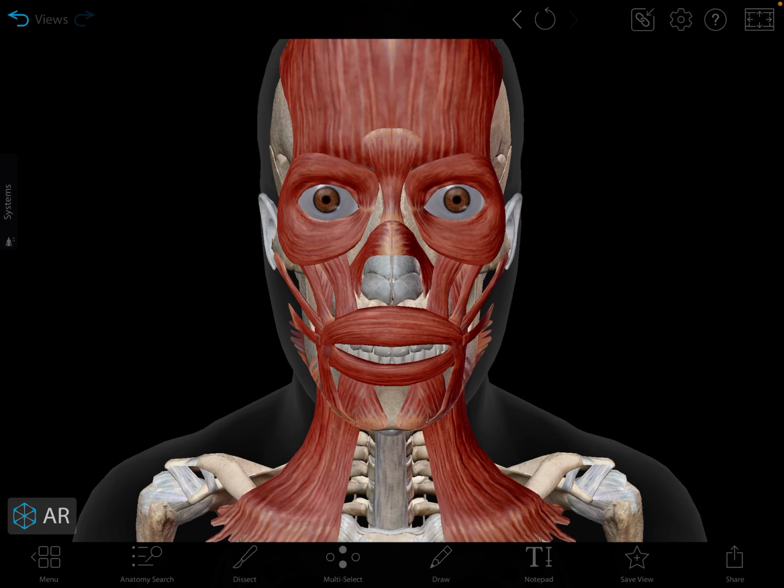Any of the common facial expressions that you may make, something like smiling, frowning, a pouting motion, grimacing, all of these facial expressions are a result of one or more, usually several, of these common muscles of facial expression pulling on your skin and resulting in the different facial expressions that we see.